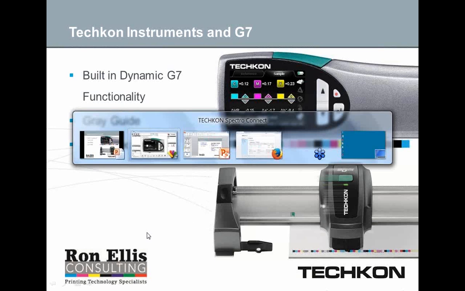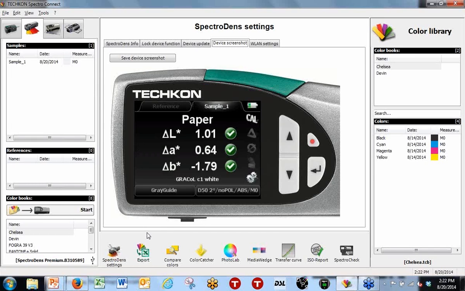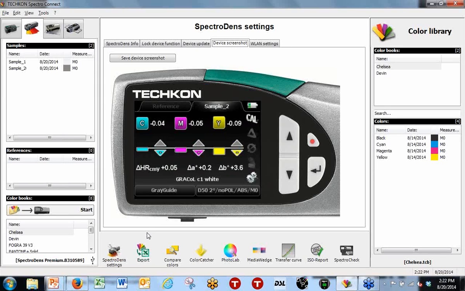On a SpectroDens, some of the things that I find really interesting that talk about the G7 features are, it has something called a gray guide. With this gray guide, I can read a gray patch. And it's pretty neat because it's showing me a couple of things. First, it's giving me my HR. It's saying I am 5 points too heavy, my HR is, and that's my weight or my tonality.